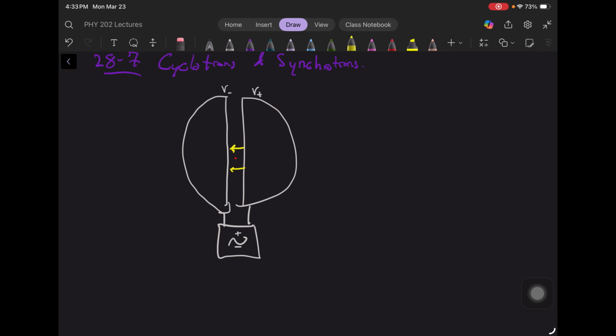Well, other thing to keep in mind is that there is a uniform magnetic field across all of this. We should probably make our charged particle a little bigger.